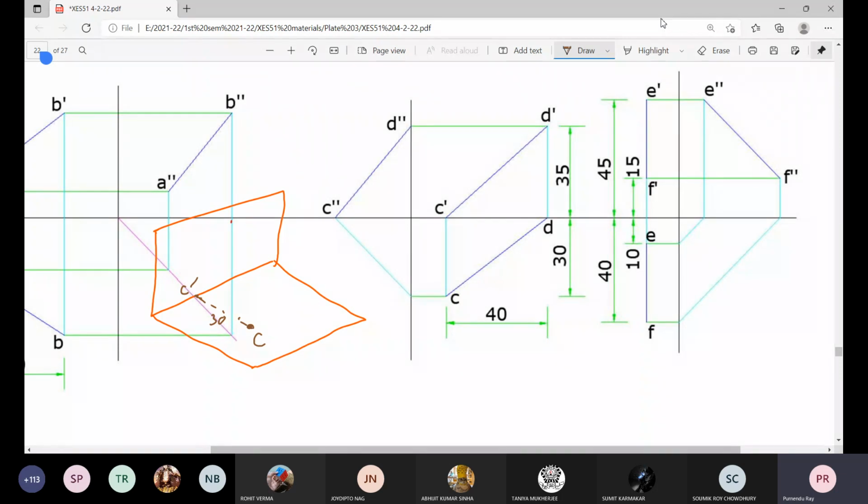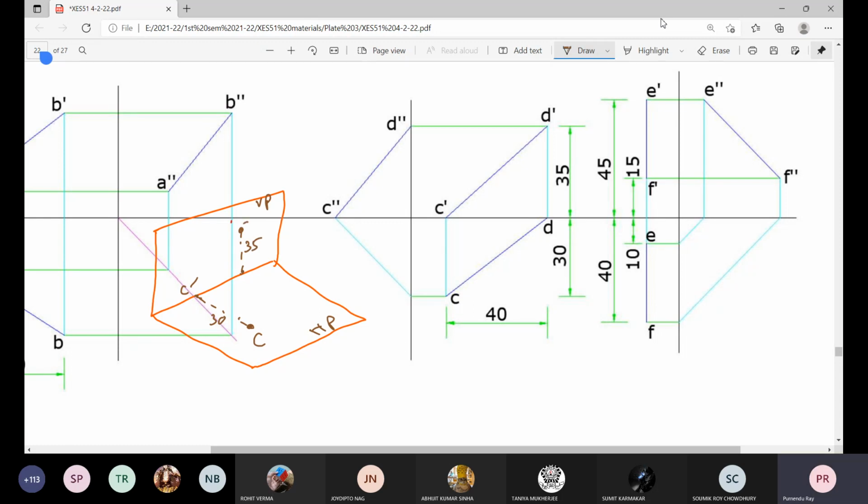And what about point D? D is on VP and 35 mm above HP. This is on VP and 35 millimeter above HP.